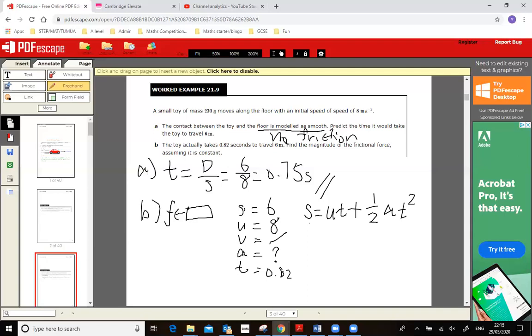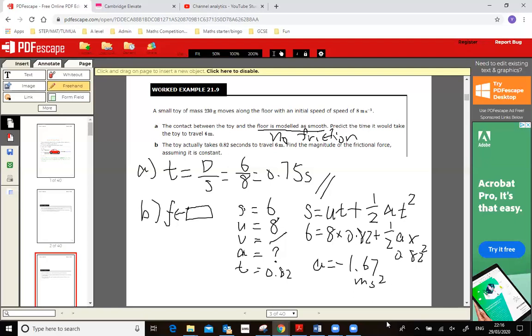We have s is 6, u is 8, and time is 0.82, plus half a times 0.82 squared. Because I only have a limited amount of space left here, you could put this equation into a calculator and work out the a. You should get your acceleration to be minus 1.67 meters per second squared.